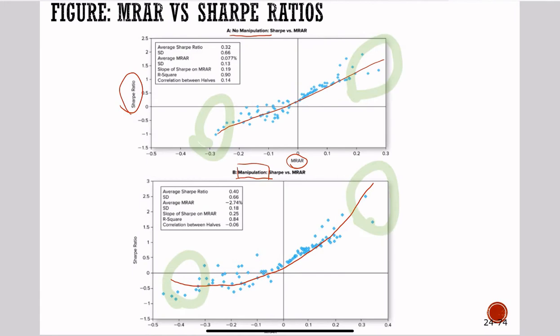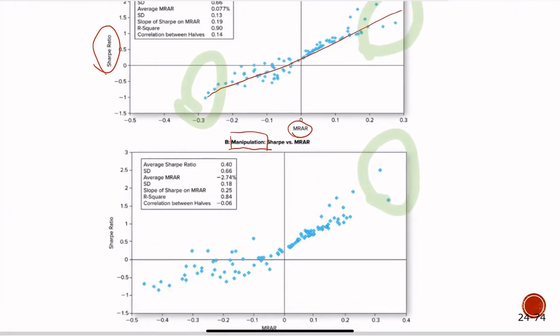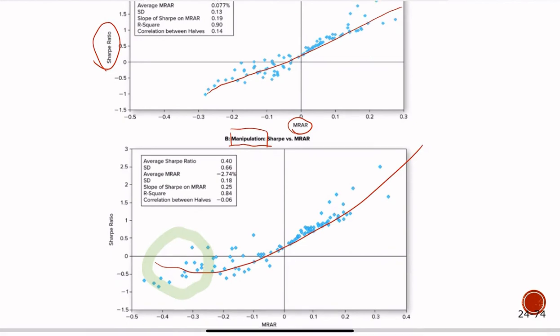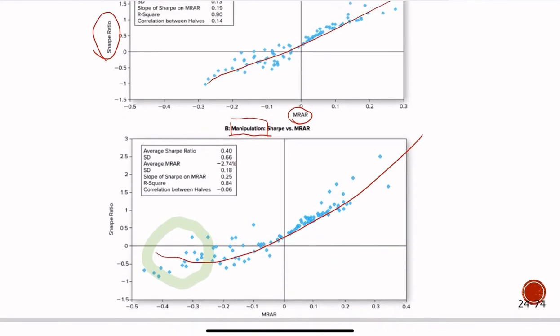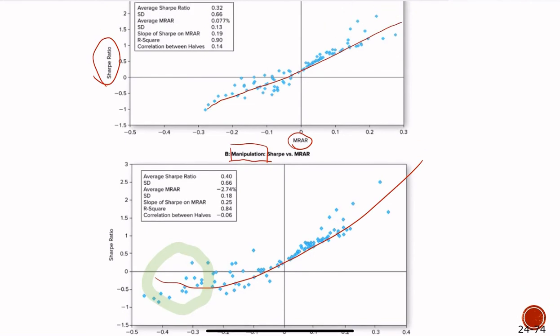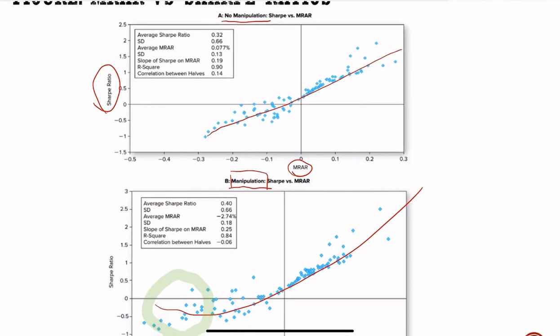So what you can see here is, let's say we just look at these guys. What you can see here is their Sharpe ratio is roughly the same as the Sharpe ratio without manipulation, right?